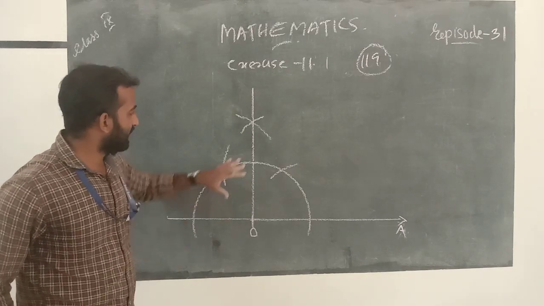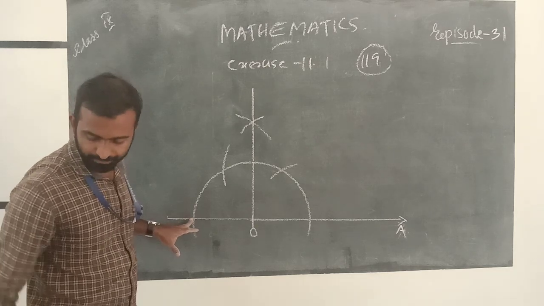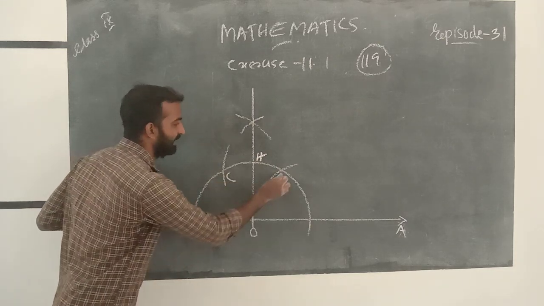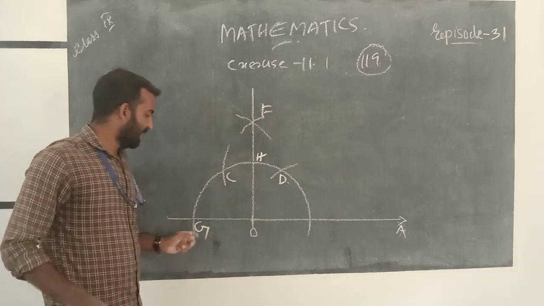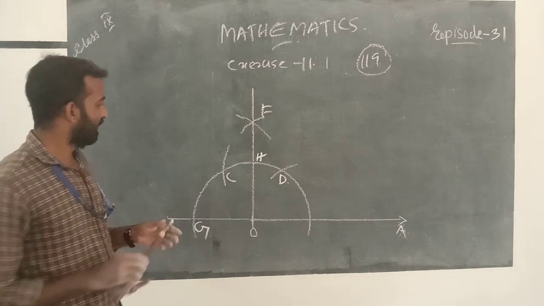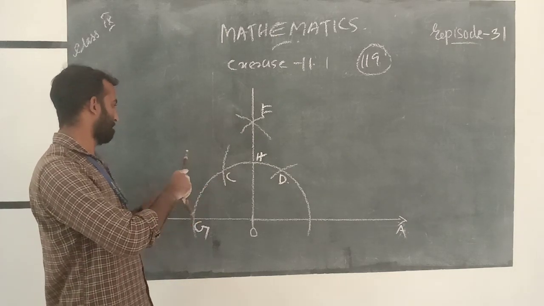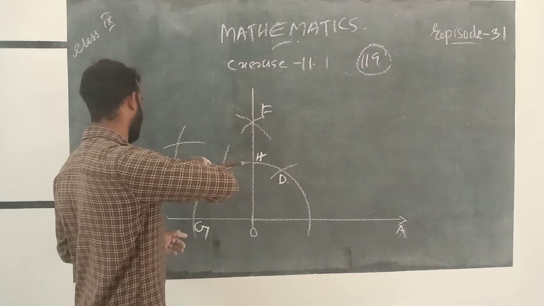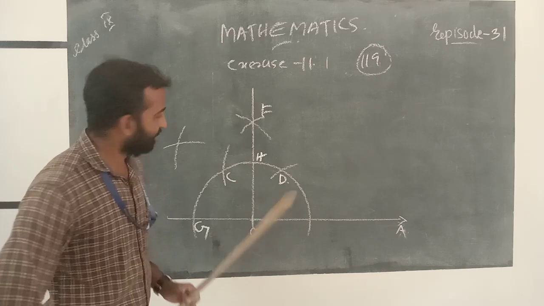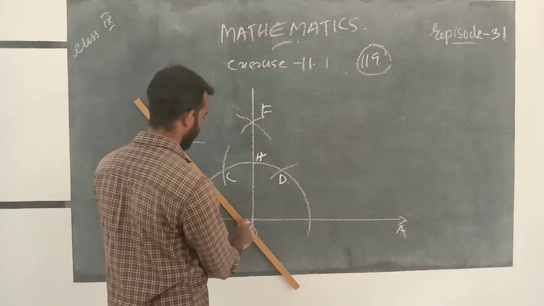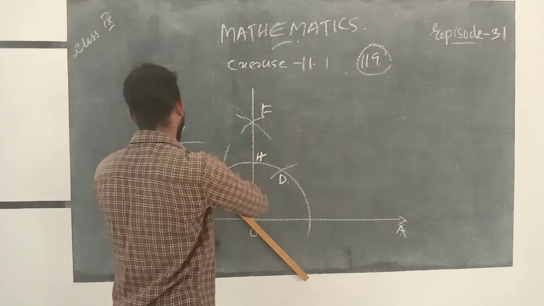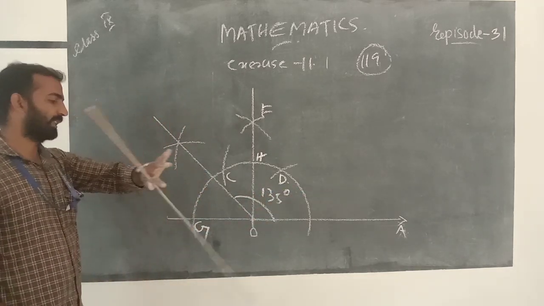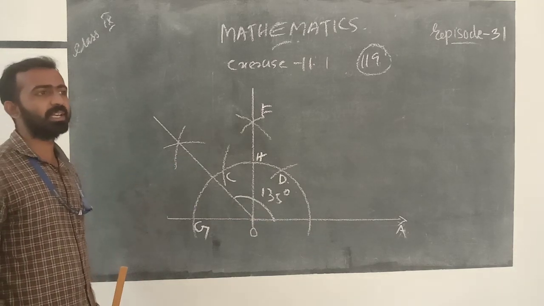So we take more than half of these points H and G, and draw the line. Then we get 135 degrees.